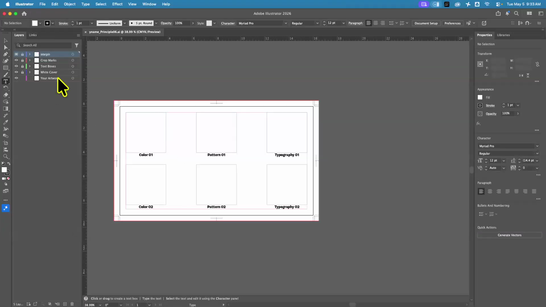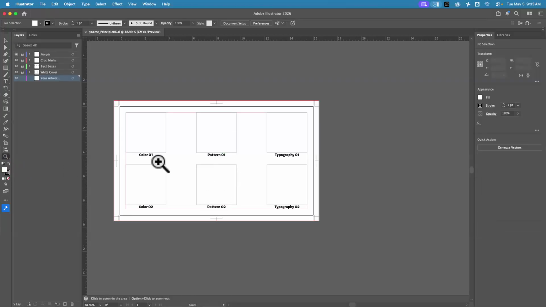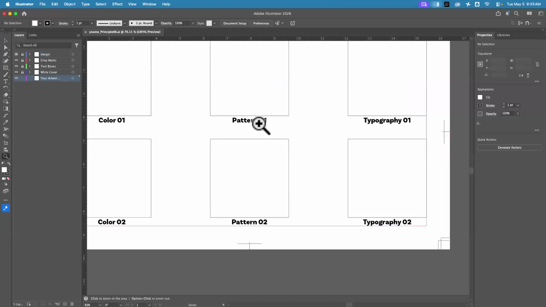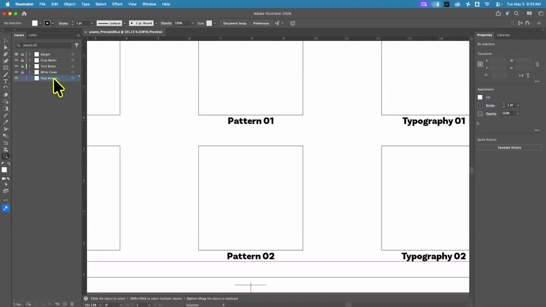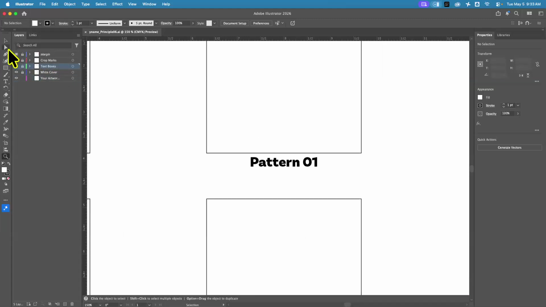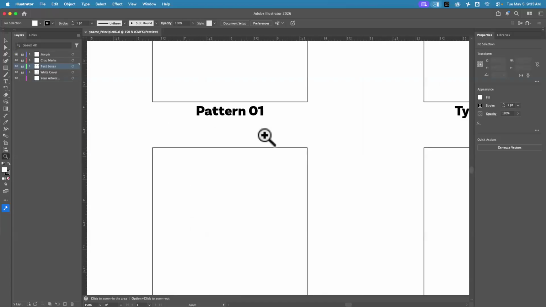For color, your artwork here, color is the main emphasis here. This is supposed to say shape. I will re-upload this one, not this second, but I'll re-upload that.